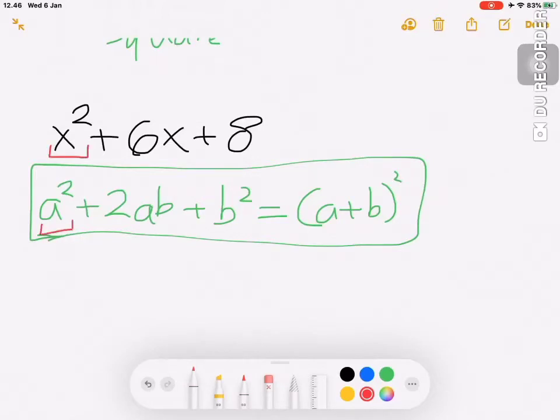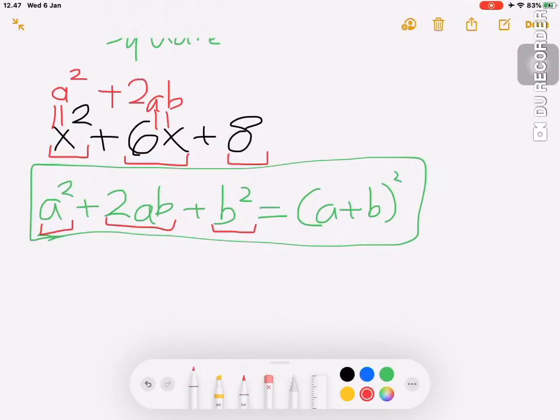So what you need to look at is, we look at this x squared term as the a squared term, so I will write it down right here, and this 2ab with this 6x, the same thing. However, this b squared will not be exactly equal to 8, but we're going to look at what b squared needs to be, meaning what we need to add to make it a perfect square.